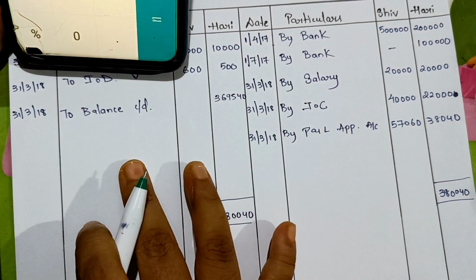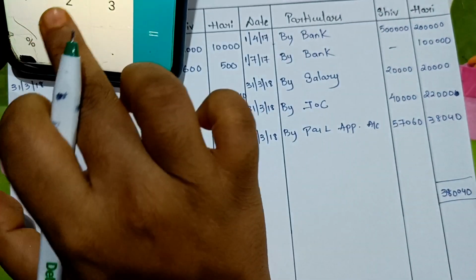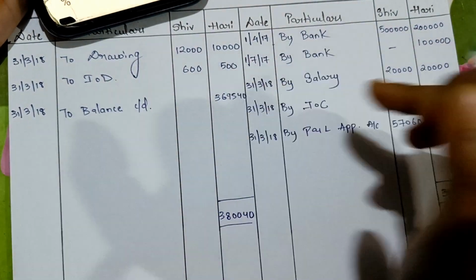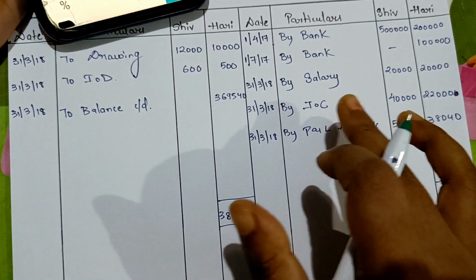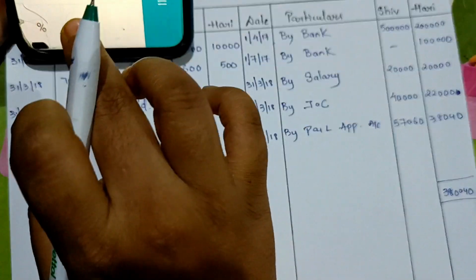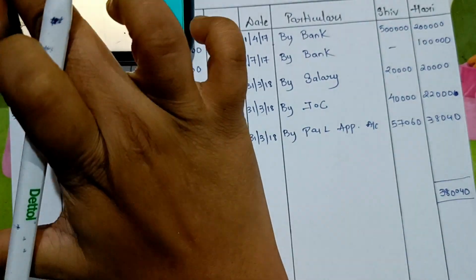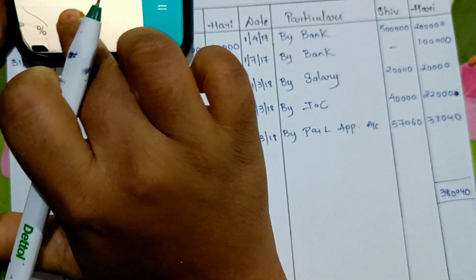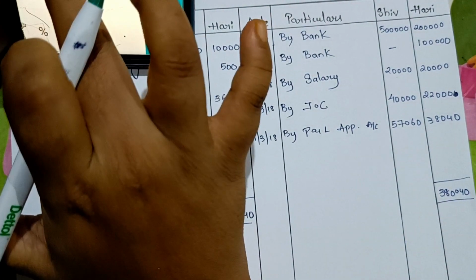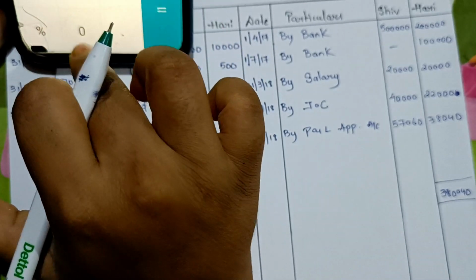We will do the same for Shiv. So let's see. Maybe the credit side is more, so we are going to put the amount there. This is very clear that this side is more. So 5 lakh plus 20,000, 5 lakh 20,000 plus 40,000 plus 57,060.